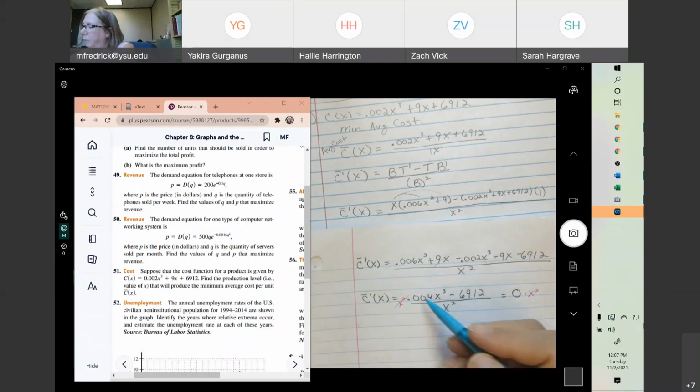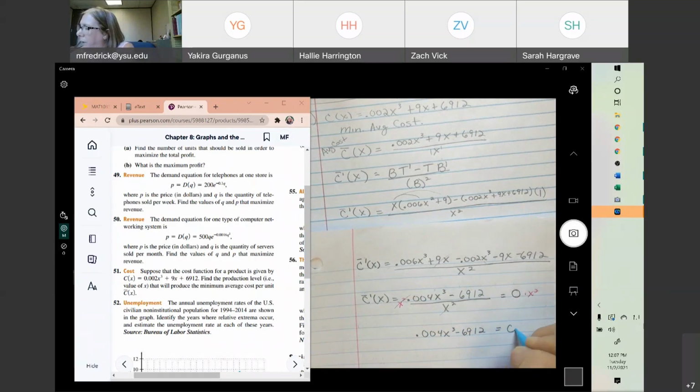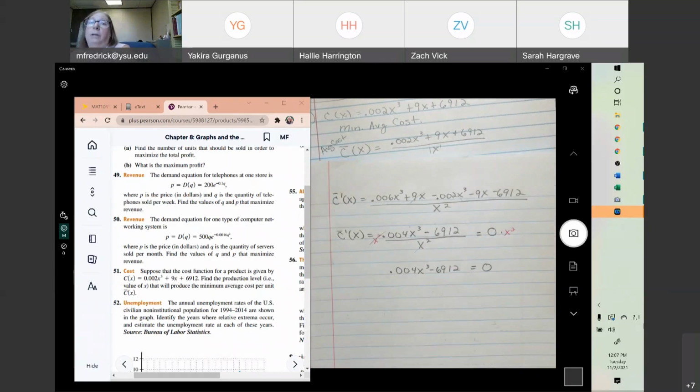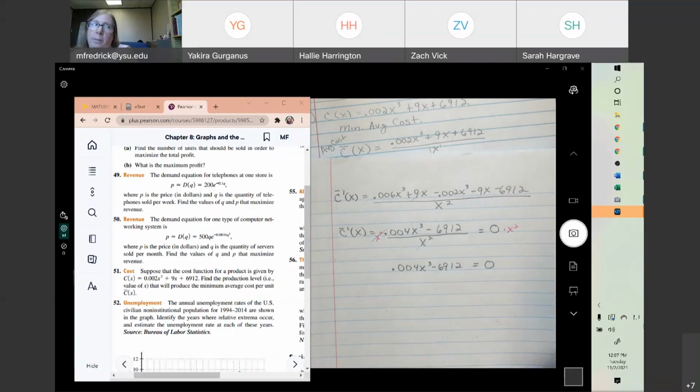That way the x squareds cancel. And notice we have our top equal to 0. So it's the same thing, you just set your top equal to 0. Any questions on that part?